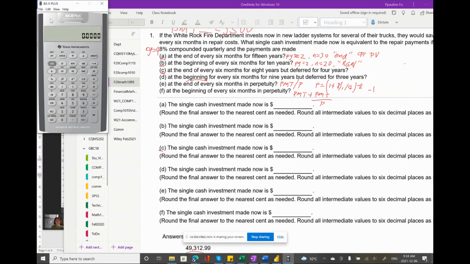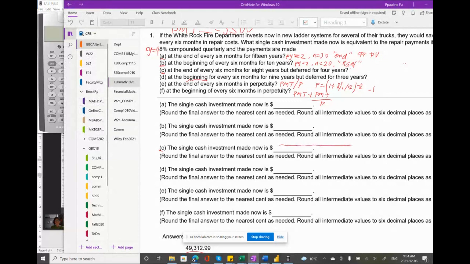The payment is made every 6 months for 8 years, but deferred for 4 years. So there are 2 periods. The payment was deferred for 4 years, and then you make a payment for 8 years. The question asks you, what is the present value now at this point? So remember, if I draw this diagram, it shows a typical 2-step.